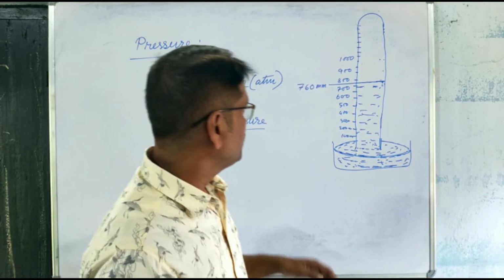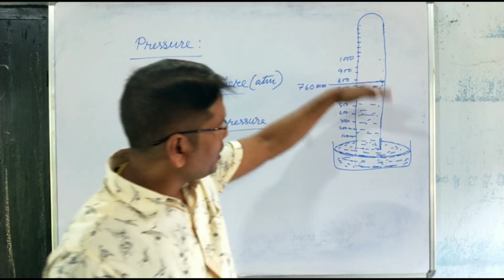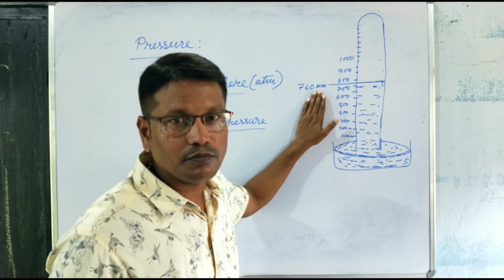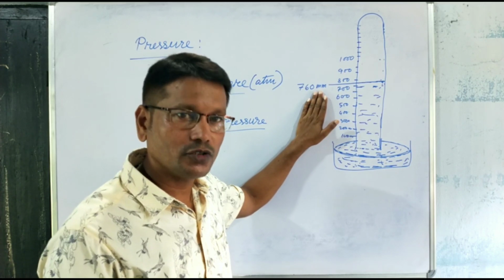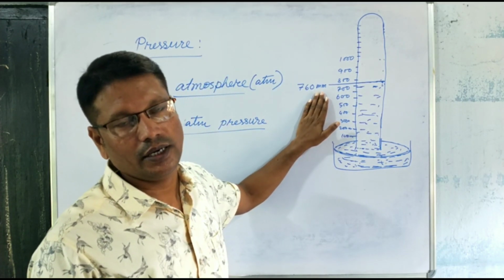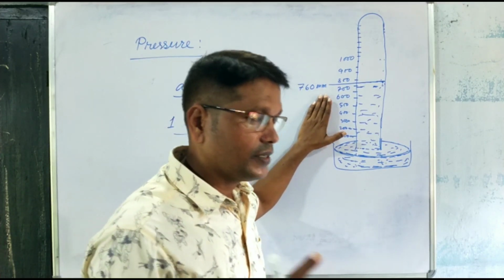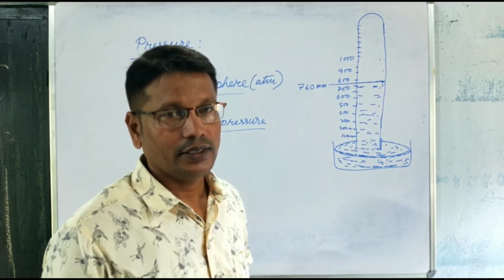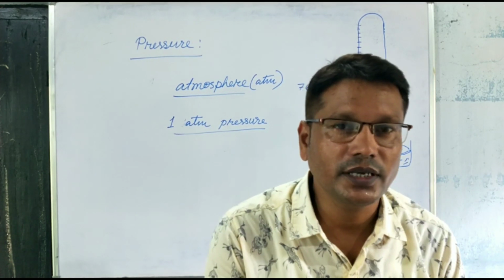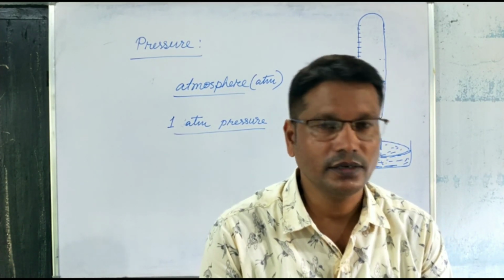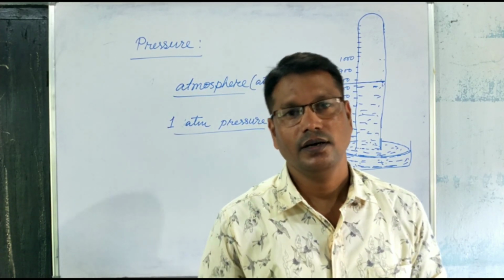That means the pressure exerted by 760 millimeter of mercury column is called 1 atm pressure. Mind it, the pressure exerted by 760 millimeter of mercury column is called 1 atm pressure.